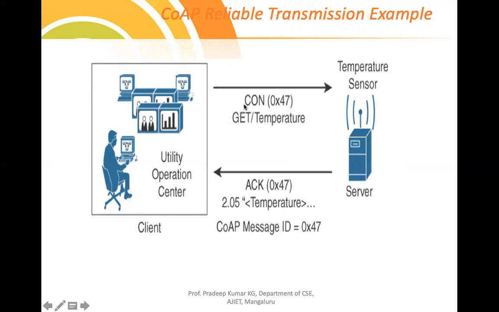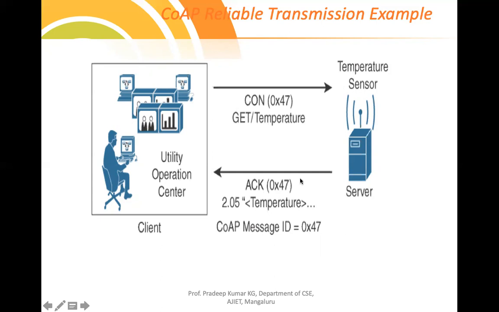Using the GET method, the client requests; there should be a connection to the server. If the connection is already established, the client requests particular data, saying I need this particular temperature data from the server. The server's job is to identify the client first. If the client is genuine, with proper user credentials, then the connection is established.